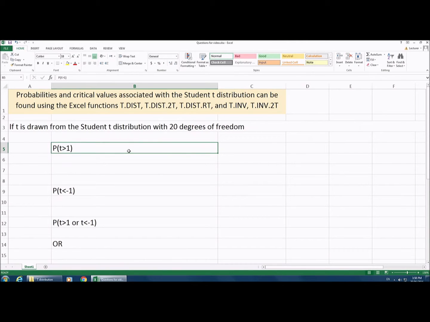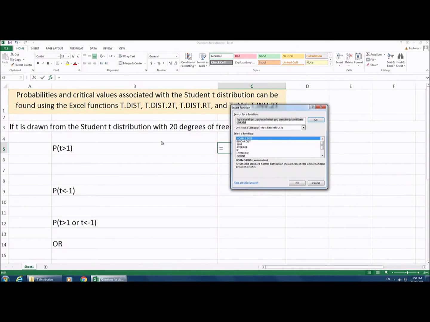When we look at our Excel functions that we can use here for the t distribution, if we insert through the FX icon in the statistical category, we go down to t, you can see that there are a number of t distribution functions to use. t.dist will return the left tail of the student t distribution. t.dist.2t will return the two-tailed student t distribution.